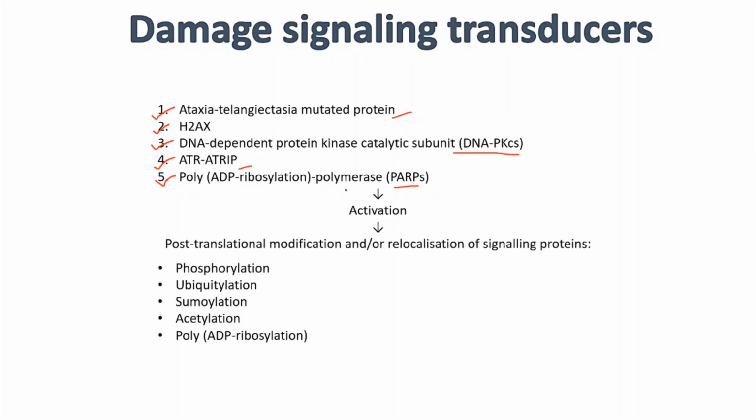So their activation as a whole leads to the modification of many other downstream cellular proteins which are part of the signaling. So that can be phosphorylation and even ubiquitination as well as sumoylation, acetylation, and poly-ADP ribosylation.